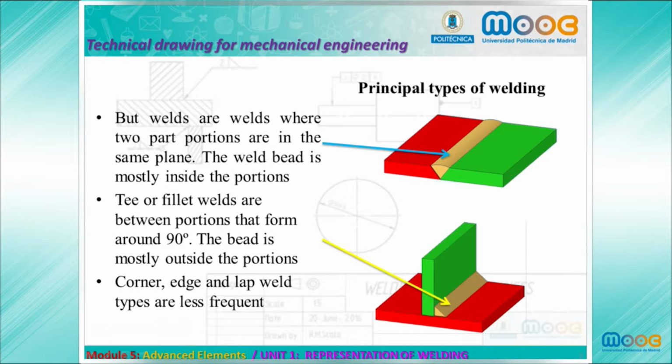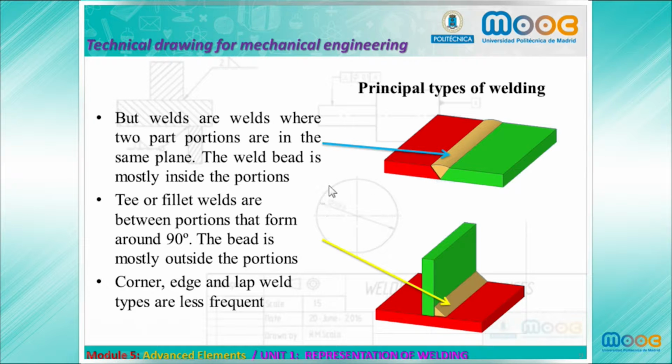Now we are going to study the principal types of welding. We have first butt welds. These are welds where the 2 portions of the part are in the same plane. The weld bead, the zone that is fusioned by the heat source, is mostly inside the portions.